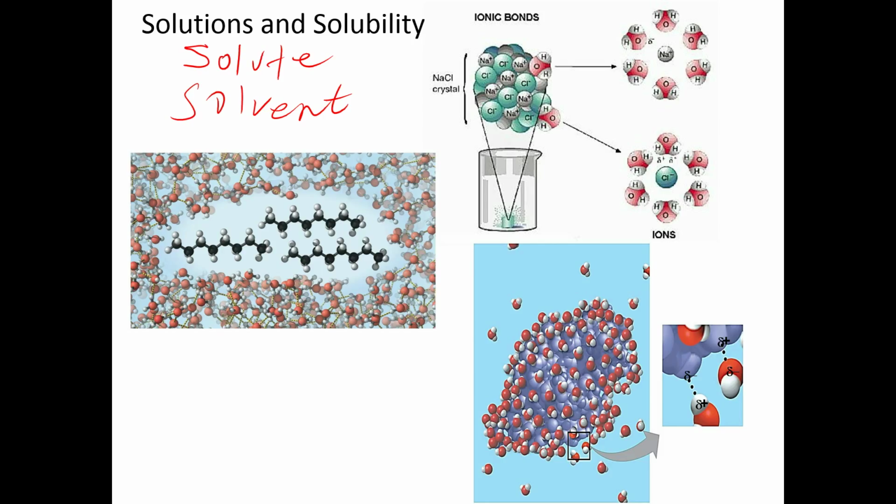It could be as simple as taking a packet of sugar and dissolving it in tea. That packet of sugar is your solute, the tea is your solvent. Together, your solute and your solvent make your solution, your chemical solution. Now, if the solvent is water, it's always referred to as an aqueous solution.